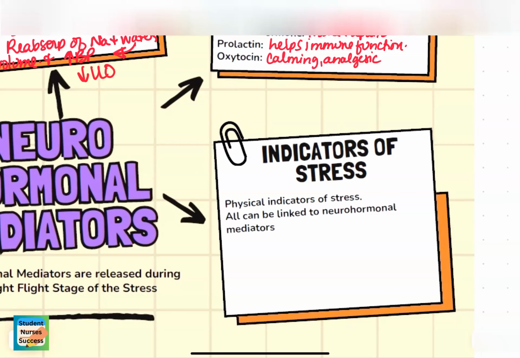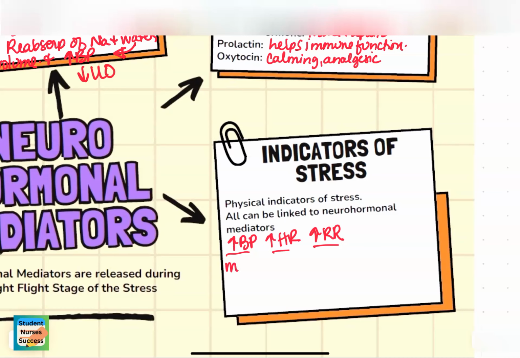Now, physical indicators of stress can all be linked to these neurohormonal mediators, and these physical indicators are increased blood pressure, increased heart rate, increased respiratory rate. Right there, we can see the heart rate and respiratory rate are probably due to epinephrine. The increased blood pressure is probably due to ADH, aldosterone, and norepinephrine.